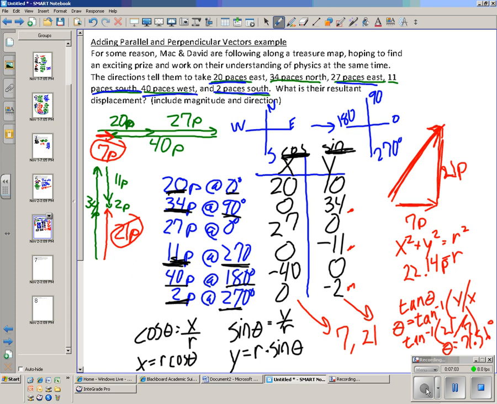So my final answer, and I'm running out of space here, is going to be 22.1 paces at 72 degrees north of east.